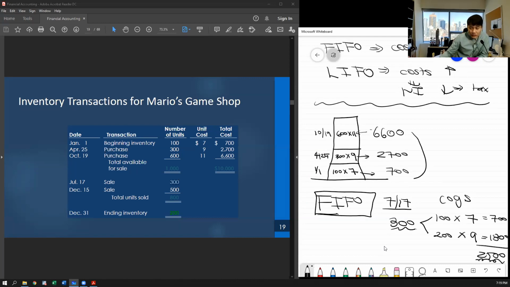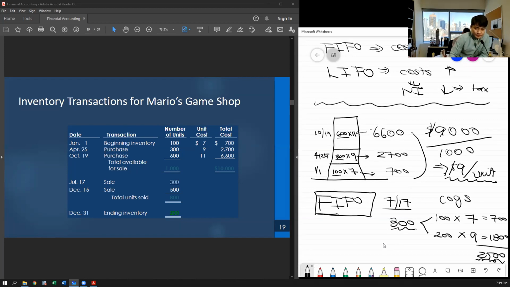So in total, let me do it quickly, that's $9,000 of total inventory divided by the total number of units. You have a total of 1,000 units. What that gives you is $9 per unit for that inventory, the weighted average.